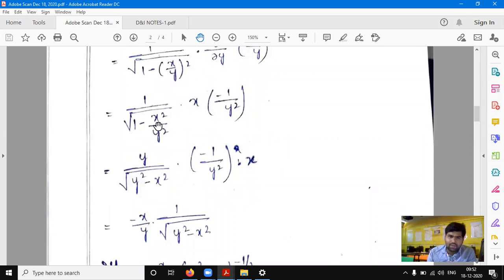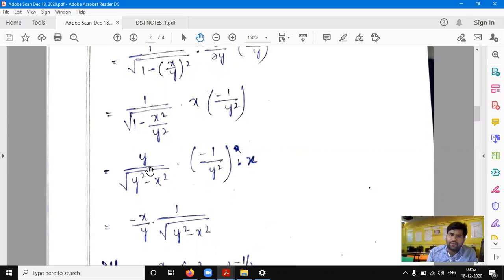So here we do cross multiplication, that is y square minus x square by y square. If you write y square outside of the root, it becomes y, because the root and square get cancelled.